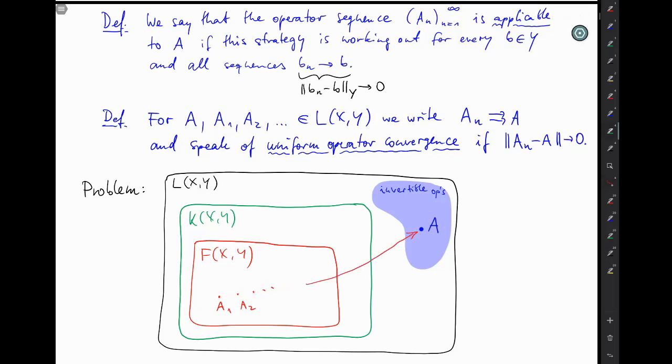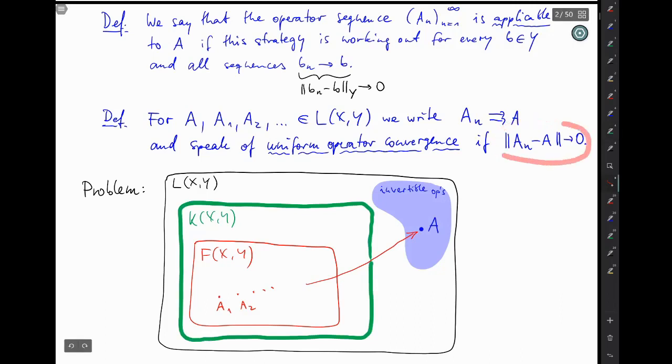But the trouble is that the set of all compact operators is closed with respect to that kind of convergence here. So if you have a sequence inside the compact operators and it converges uniformly, then also the limit will be compact. So you can't get through that boundary.